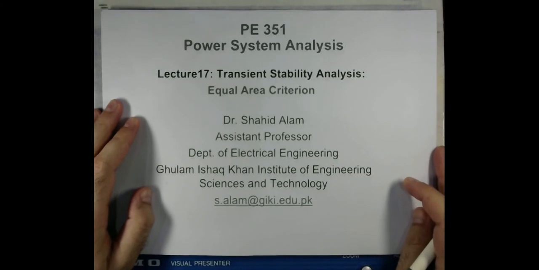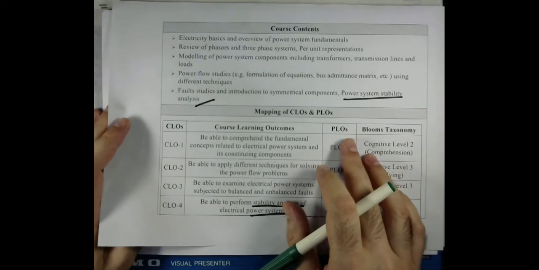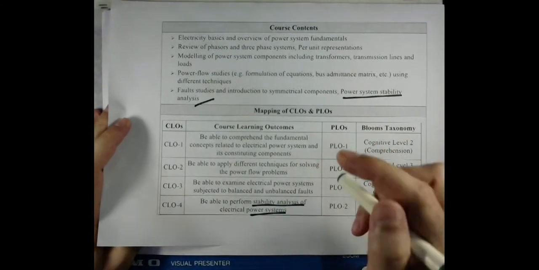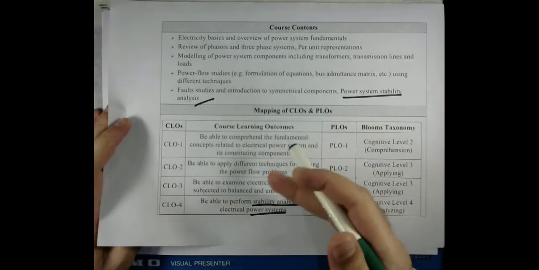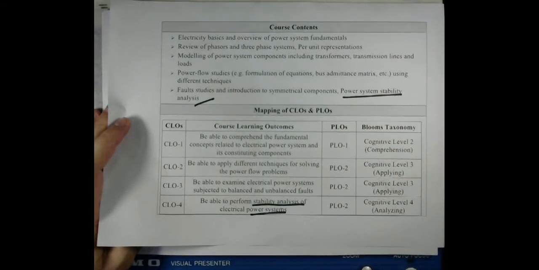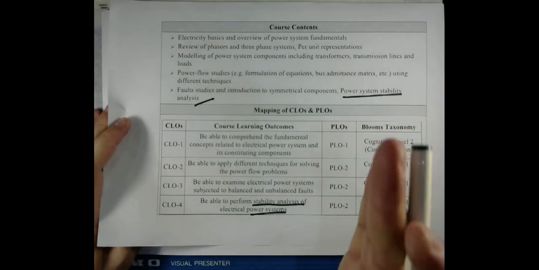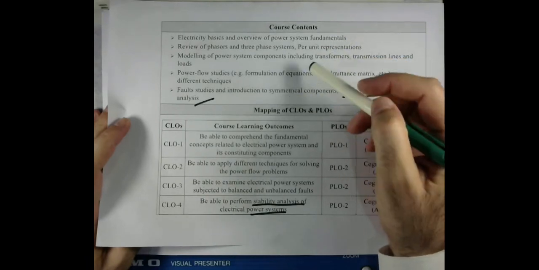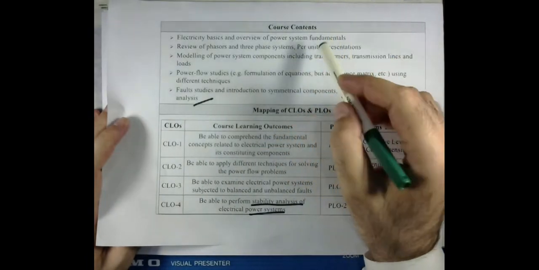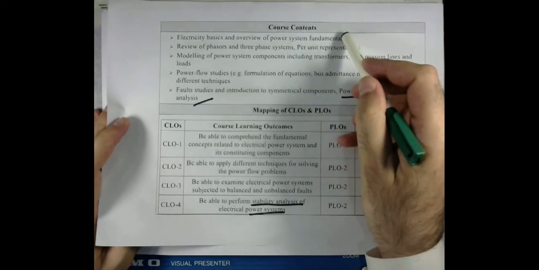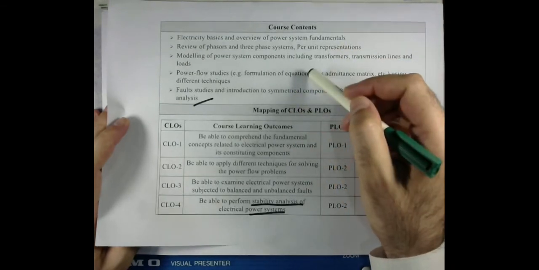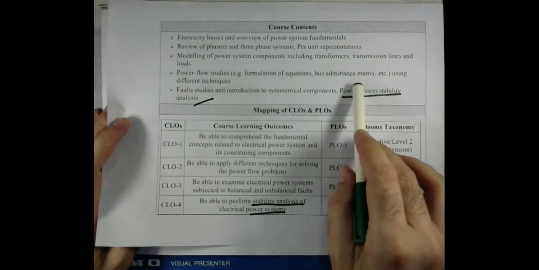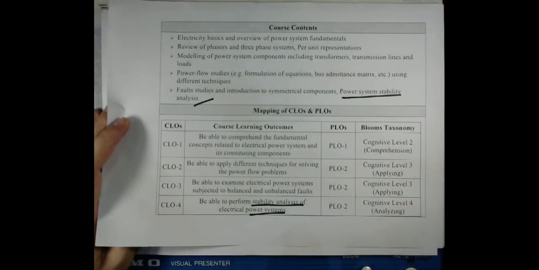In the beginning of that lecture, I discussed the course contents, and also went through the course learning outcomes, and I mentioned that at this stage we have covered the rest of all the course contents, and the topic related to stability analysis still needs to be covered.